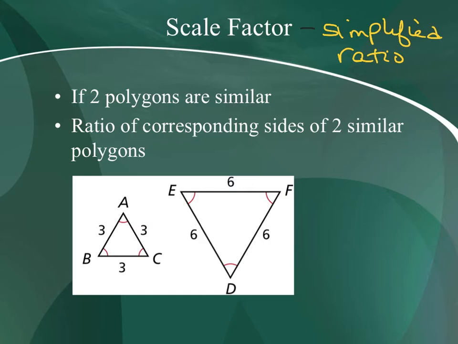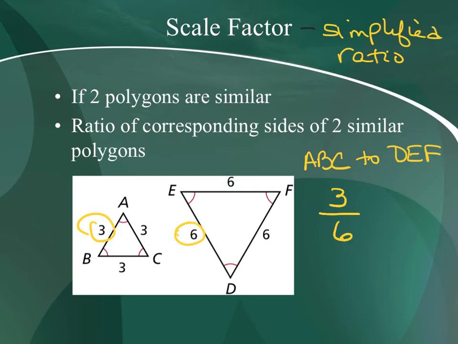Okay, so we're going to be paying attention to the order of the letters that they're asking us. So if I ask you to give me the scale factor from ABC to DEF, you're going to take one of the sides of ABC, which is 3, and then one of the sides of DEF, because this is equilateral, equiangular, and my scale factor would be 1/2, or 1 to 2.